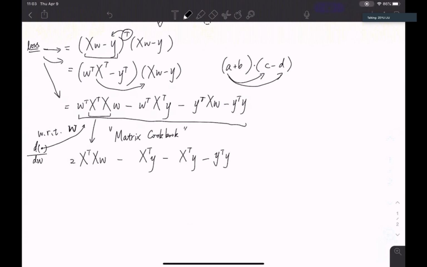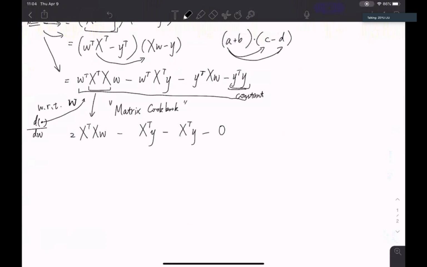And Y transpose Y is a constant, and the derivative of a constant with respect to anything is 0. Yeah, I will erase this. You should put minus 0, and okay, we can then simplify this expression.